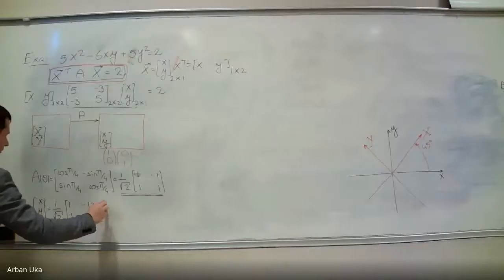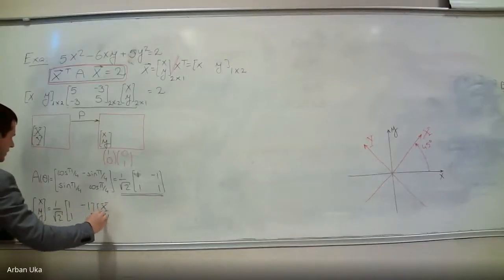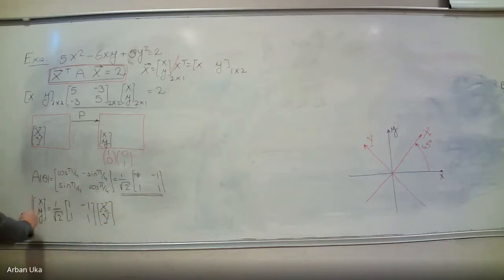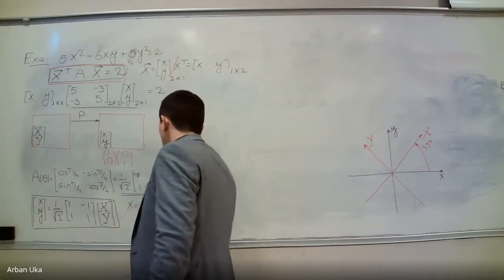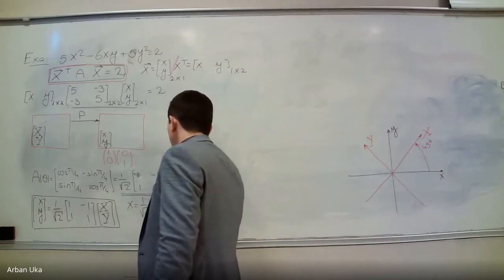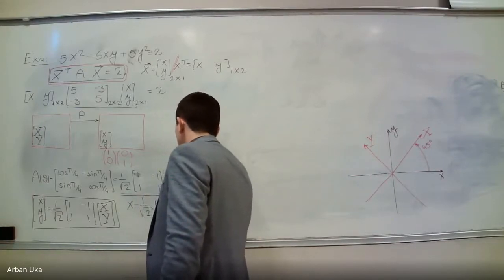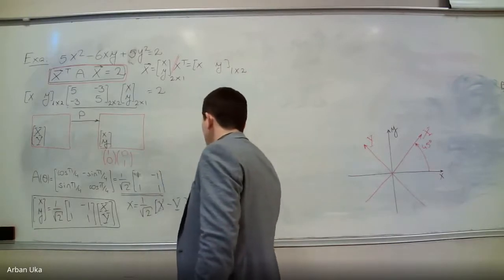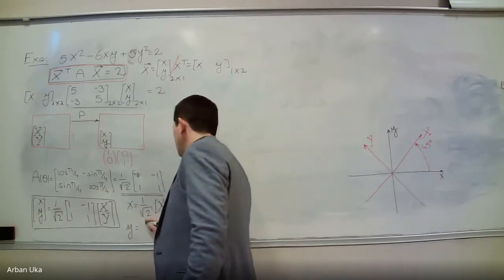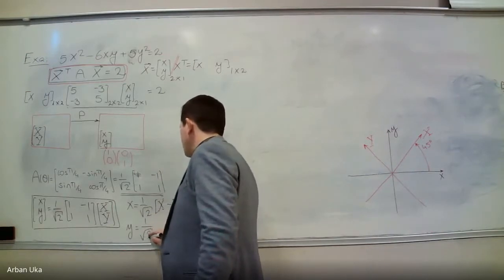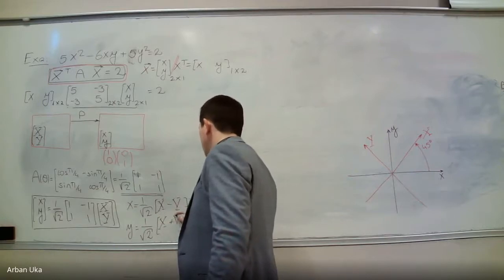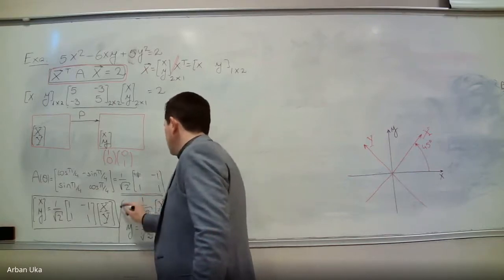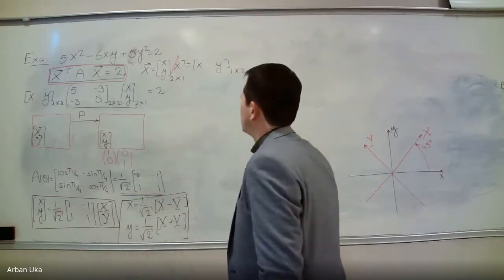And we multiply it with x, y. That's correct, with capital X, capital Y. This is the relationship that we have here for X and Y. This means that the little x is equal to 1 over the square root of 2 multiplied by capital X minus capital Y. And the small y is equal to 1 over square root of 2 times capital X plus capital Y. Okay, so here we found what is the little x and the little y.